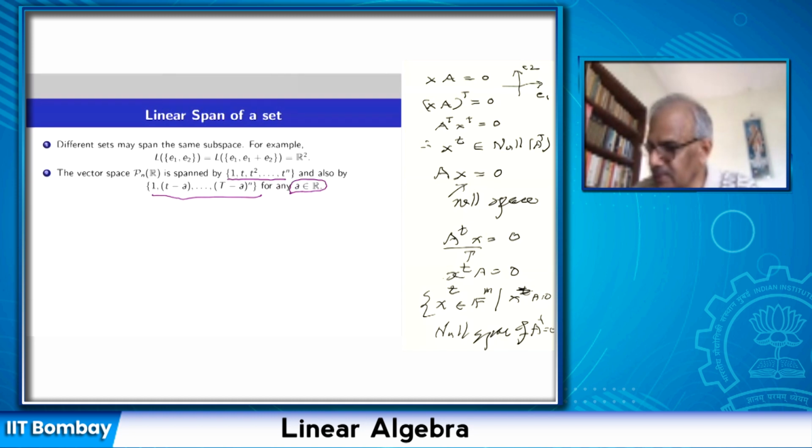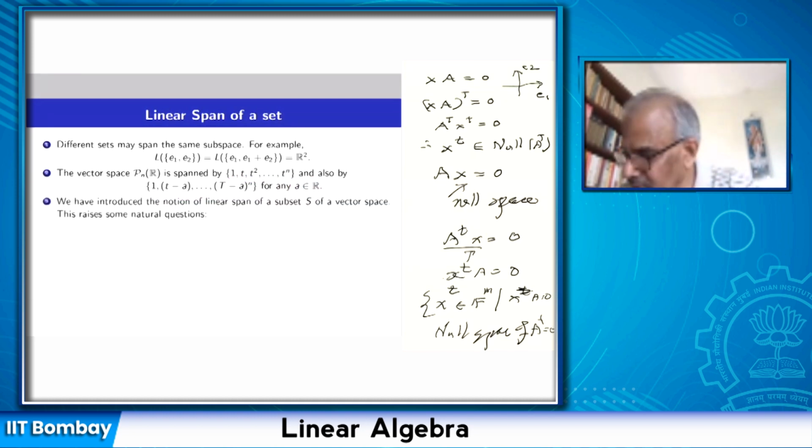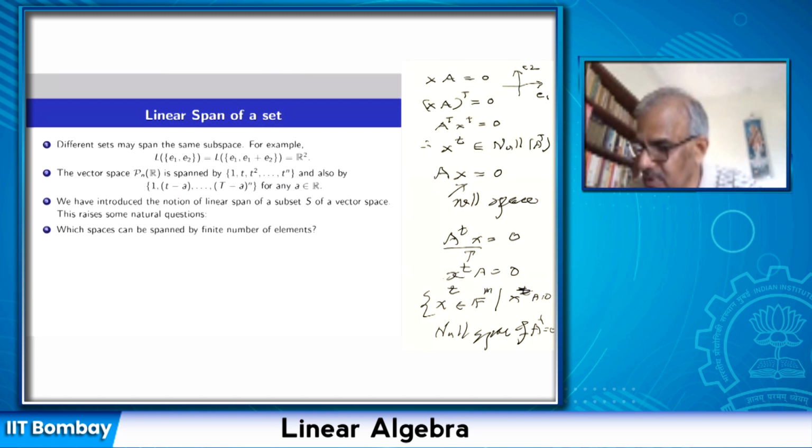So the question is, which spaces can be spanned by finitely many elements? P_n(R) is the linear span of n plus 1 polynomials. R2 is the linear span of two vectors, E1 and E2, or E1 and E1 plus E2. So the question arises: what are the vector spaces which can be the linear span of finitely many elements in that space?